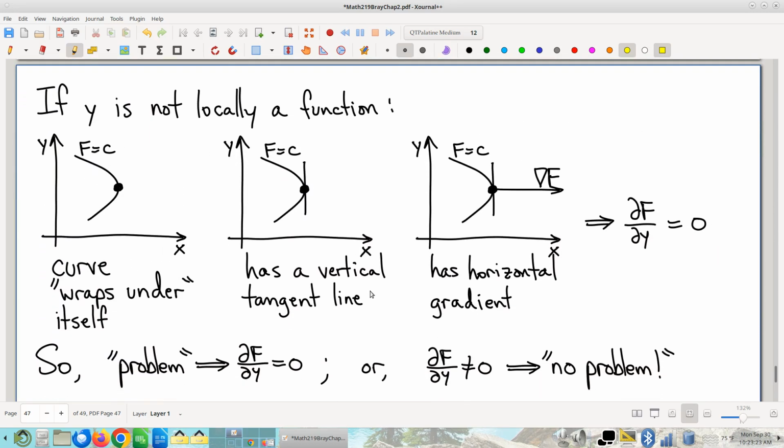And then here again is sort of the quick answer to the question. Roughly speaking, what I'm going to call the problem here is that the curve wraps under itself, and you can see pretty easily that's in some sense why we fail the vertical line test, right? And okay, well if it's wrapping under itself, then it has a vertical tangent line at that point.